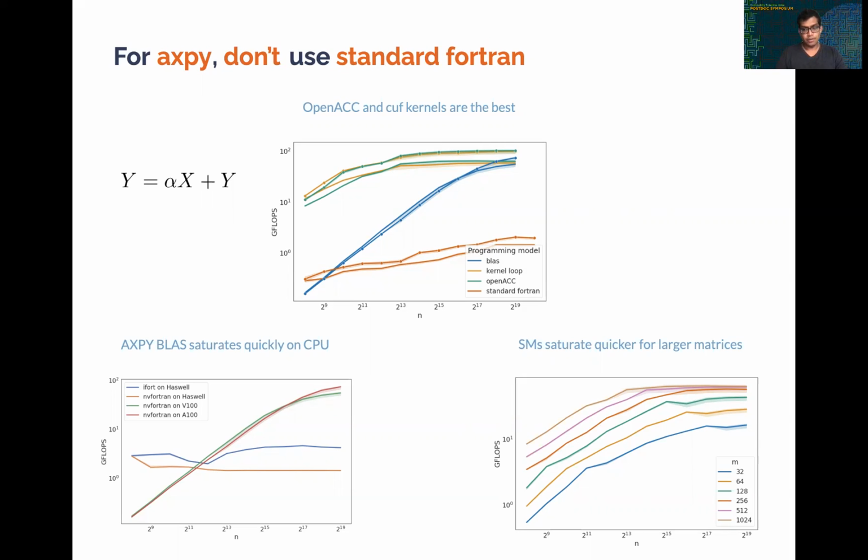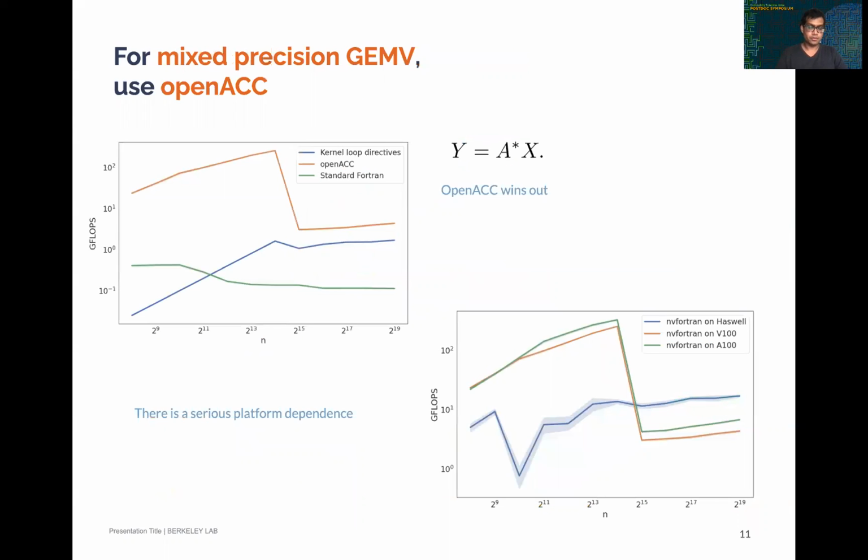So now I will come to the last code block, and the message will be familiar, but there will be a twist. This code block is mixed precision GEMV, A times X. However, one subtlety here is that A is so large that you cannot fit a double precision version of it in a device, so I took a single precision version of it.